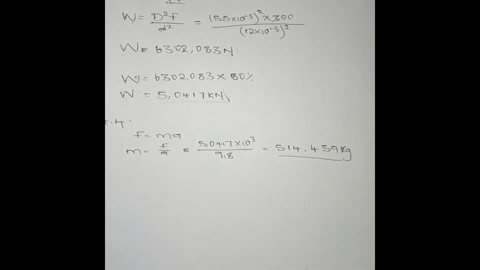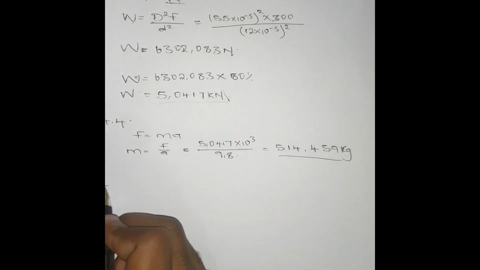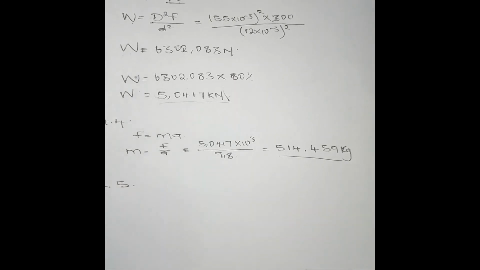That's it for 4.4. Then 4.5 says the effort that must be applied to the lever in order to obtain a force of 300 newtons on the plunger if the mechanical advantage of the system is 10. So we go back to our formula sheet to look for the formula for mechanical advantage.